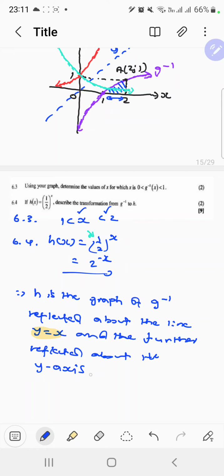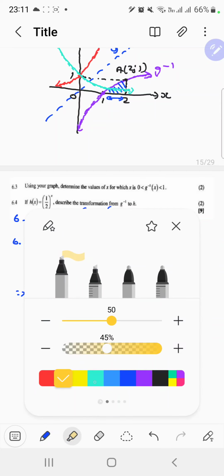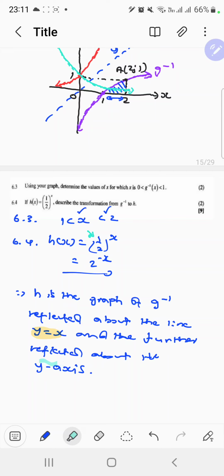So basically we've explained ourselves. There are two reflections that we've performed. We first reflected our graph about the line y equals x, which is its inverse. That very inverse, we further reflected on the y-axis. As you know, you simply multiply the x values by a minus when you're doing a horizontal reflection.